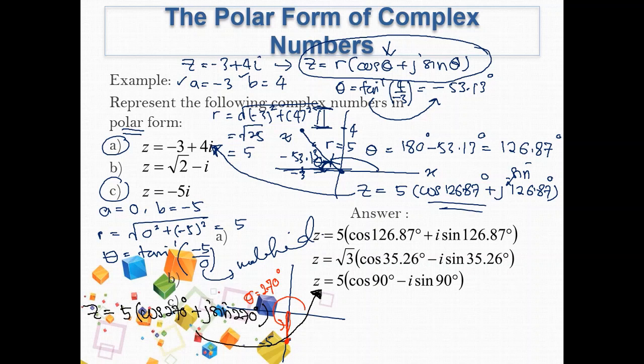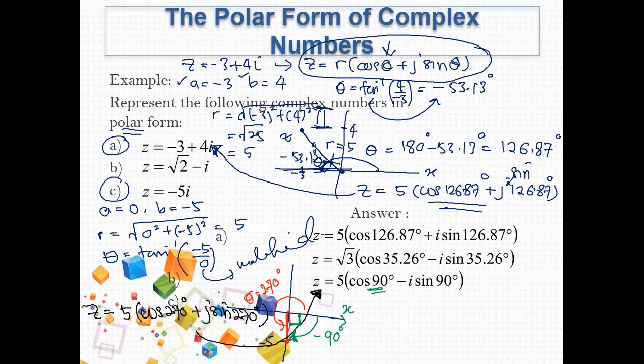You can use 90 degree, but you must be careful. Where is the 90 degree in this answer? 90 degree is here. It is measured from the x-axis, but following the clockwise. So when it follows the clockwise, it is negative 90 degree.